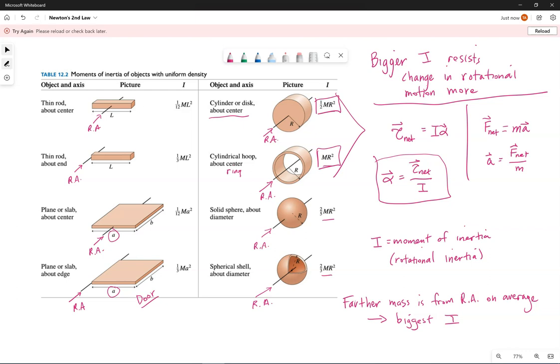There is one other way to calculate I, and it's called the parallel axis theorem. I will cover that in the next video. So I, rotational inertia, is always related to how easy or hard it is to get any object to change its rotational motion. So to get it started to rotate or stopping it from rotating, either way.